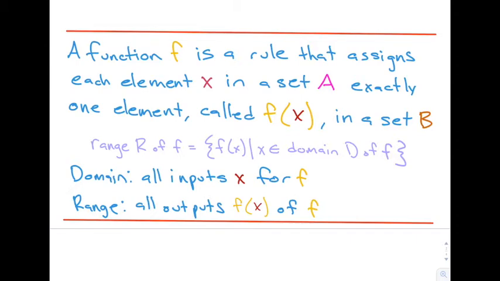So this is to say that we have one set of things, we grab something in it, we put it through the machine, and we get something out of it that falls into the set B.